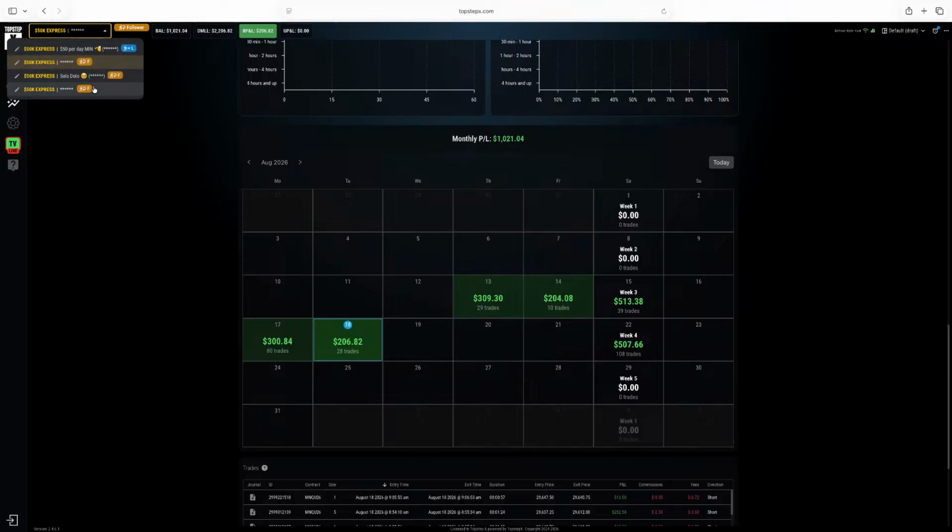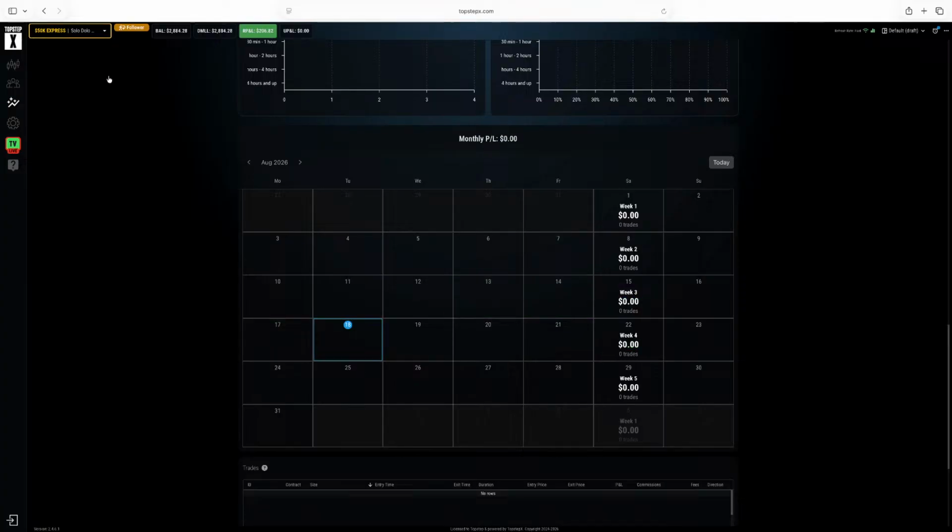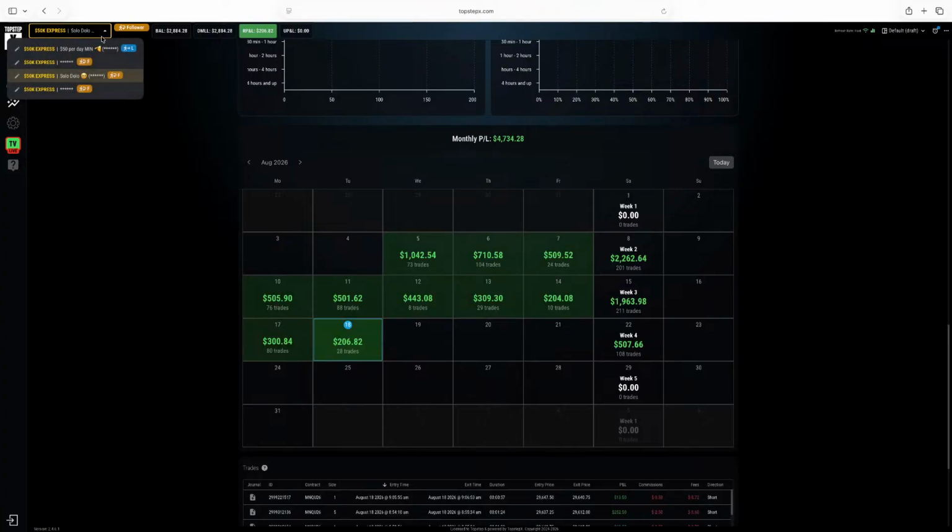That's the third one with the 4 days. And then this is the one that I started before the other three. That's why it's called Solo Dolo, because I was working on just that one by itself before I integrated these three into the fold. But all right, that is it.